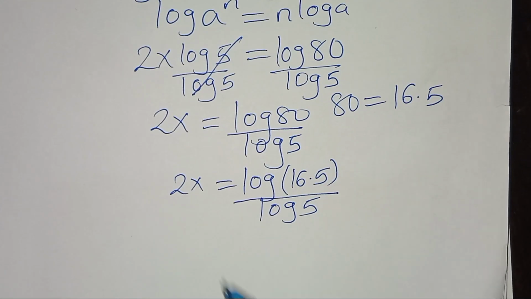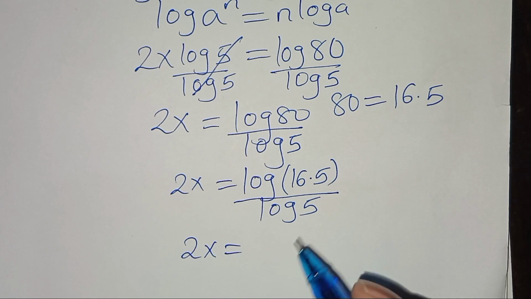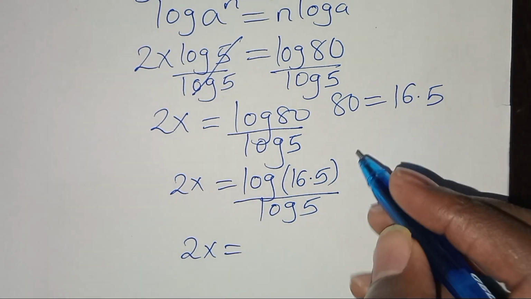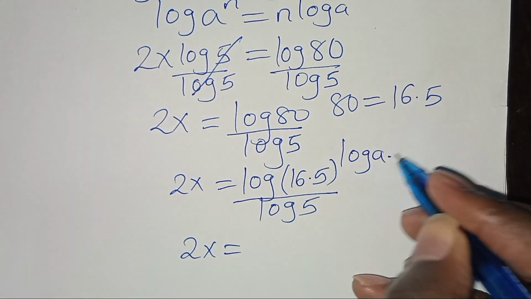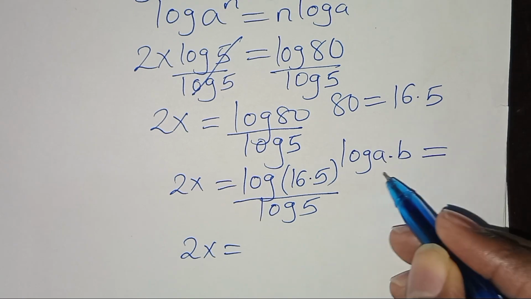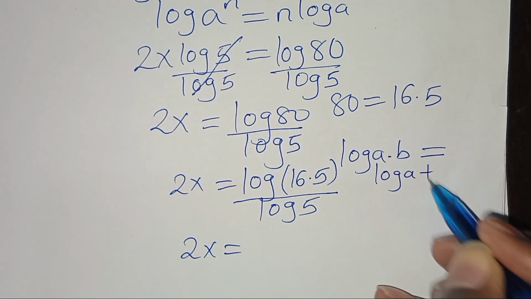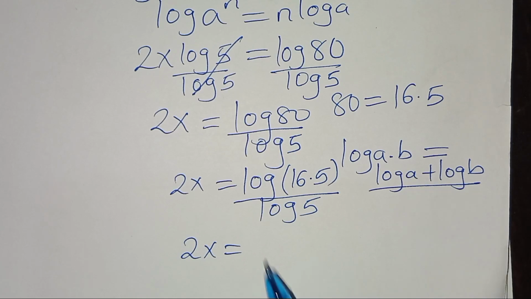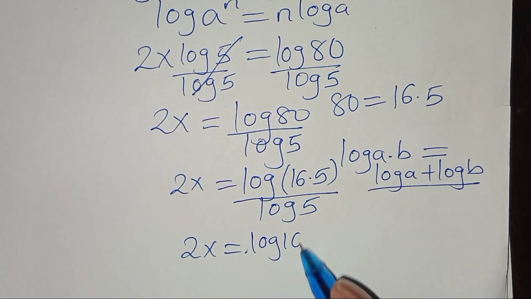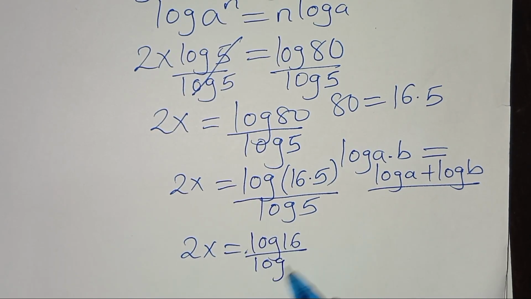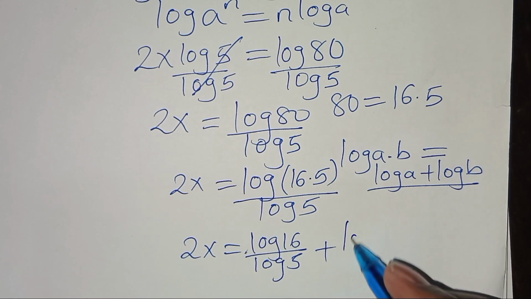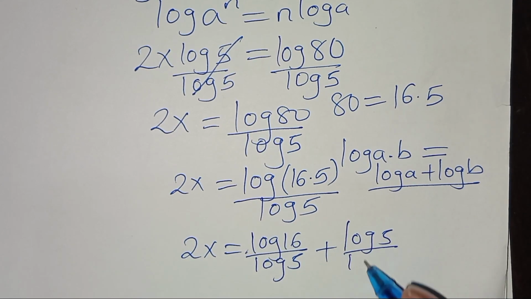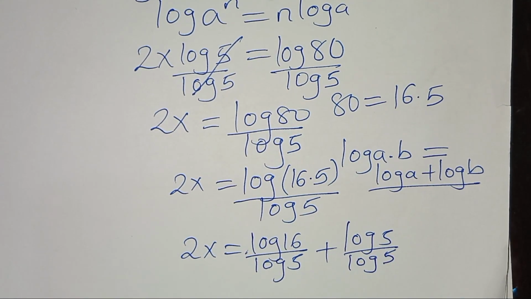The next step here, we'll have 2x, this is equal to log 16 times 5. This is in the form of log a times b, which we can express as log a plus log b. So let's apply this logarithm property. So we'll have log 16 divided by log 5 plus log 5 divided by log 5.